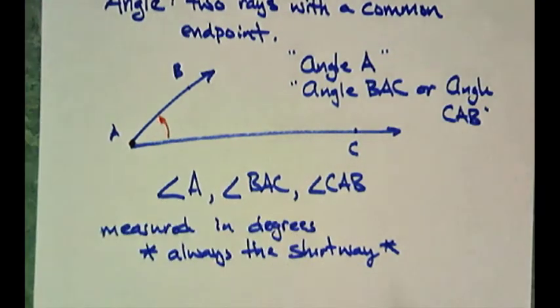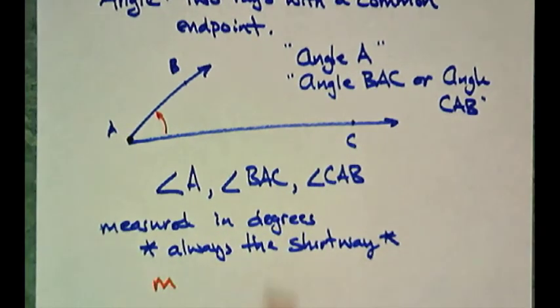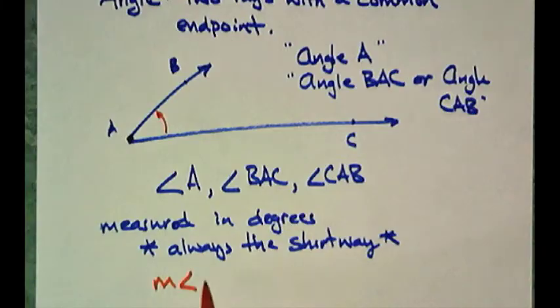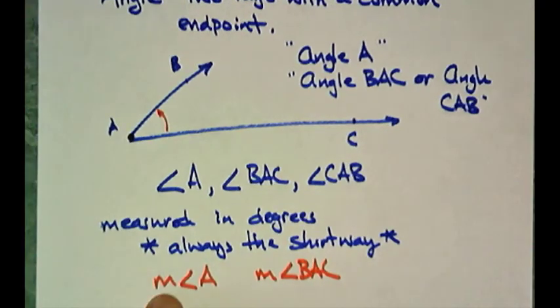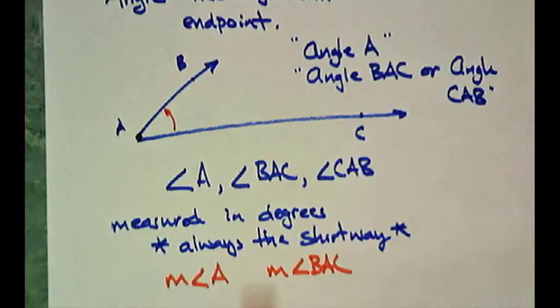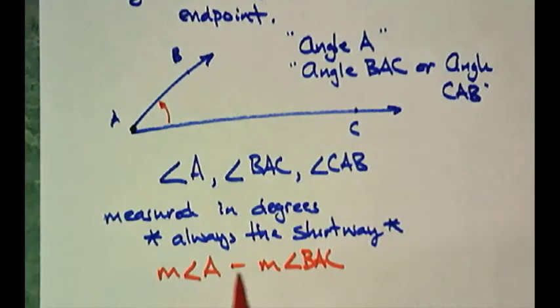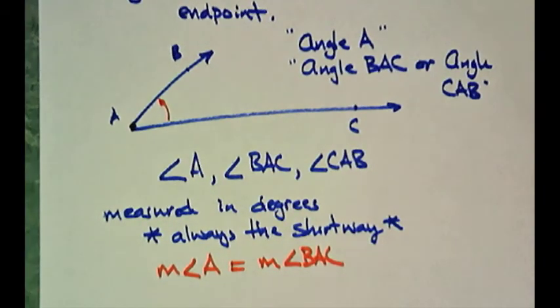So the measure of angle A, which is going to be also the same thing as the measure of angle BAC, M being the measure, and those two are numbers, so those two must be equal. We're talking about the same thing. Not congruent, equal.